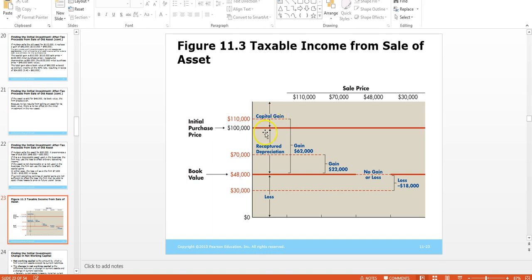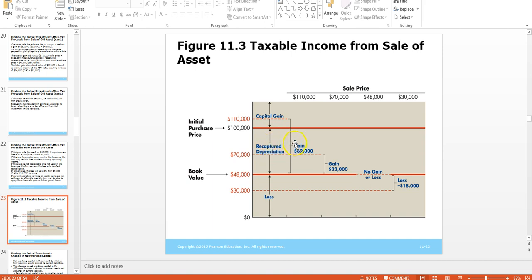Now, if your initial purchase price was $100,000 and you sold it for $110,000, you've got a gain of $52,000 in recaptured depreciation.